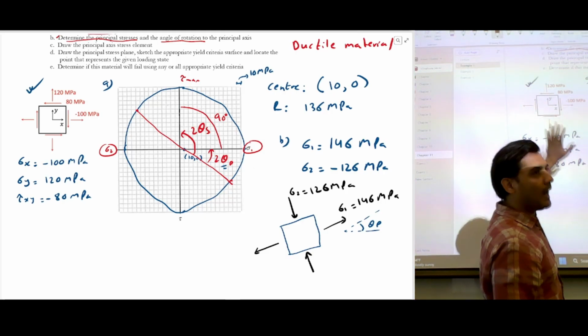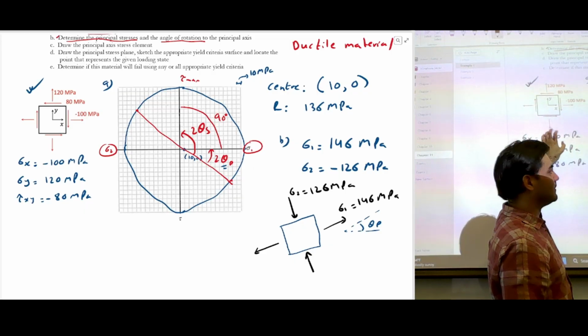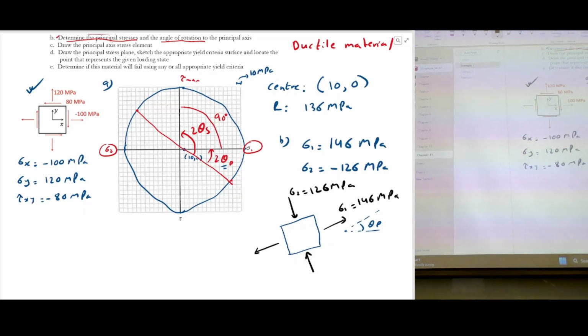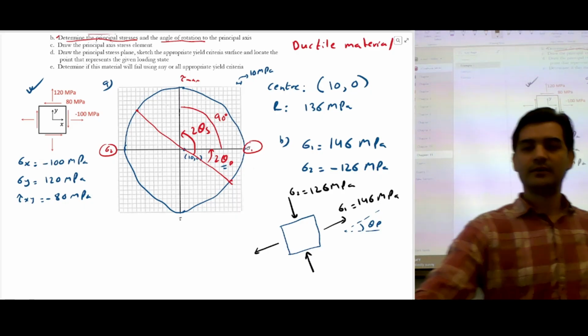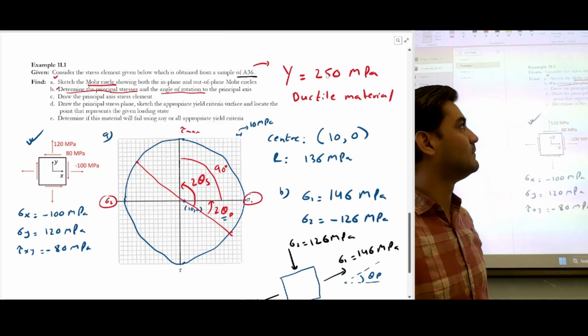So under our loading condition, we have extracted a stress element, and the maximum principal stresses we are getting for our loading condition are 146 megapascals and 126 megapascals. This given material will yield at 250 megapascals, right?